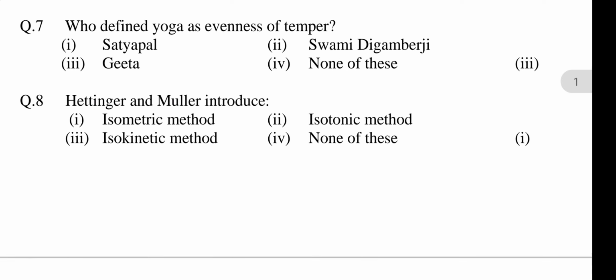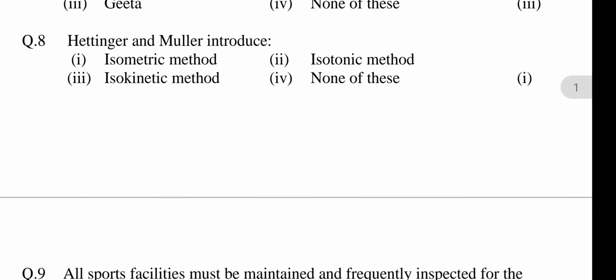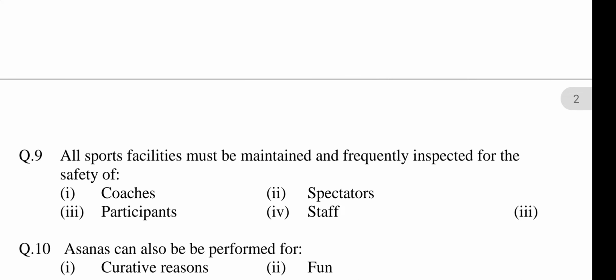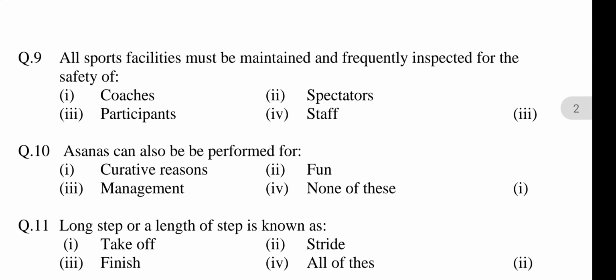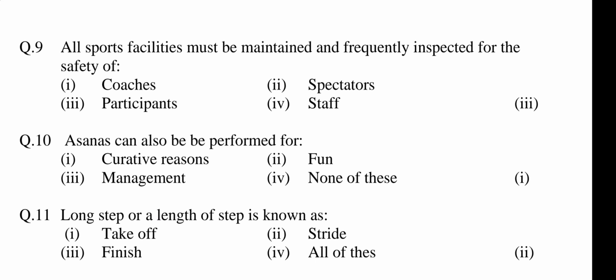Question number 8. Hettinger and Muller introduce. Option first, isometric method. Second, isotonic method. Third, isokinetic method. Fourth, none of these. Answer is option first, isometric method. Question number 9. All sports facilities must be maintained and frequently inspected for the safety of.